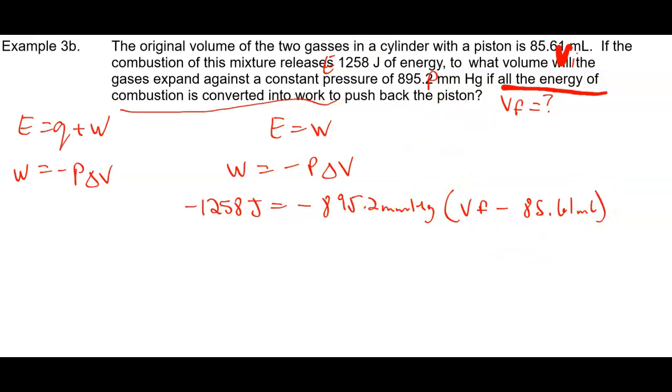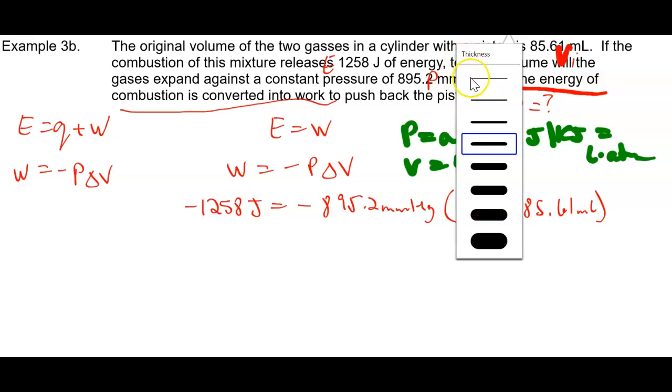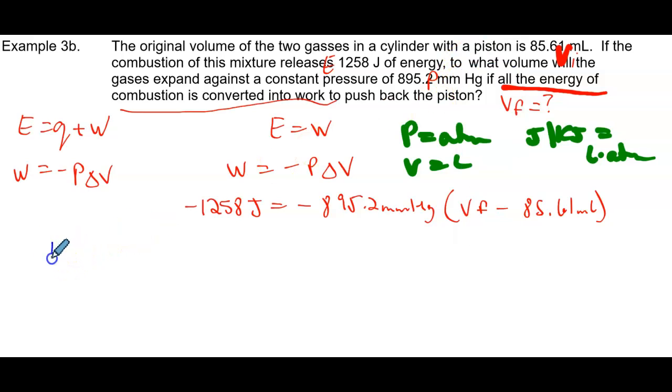But remember that we have to have pressure in ATM, volume in liters, and anything that is a joule or a kilojoule needs to be in liter atmospheres. So we got to do all those conversions. Let's start with our joules. We're going to take 1,258 joules, and you can take the negative now or use it later.